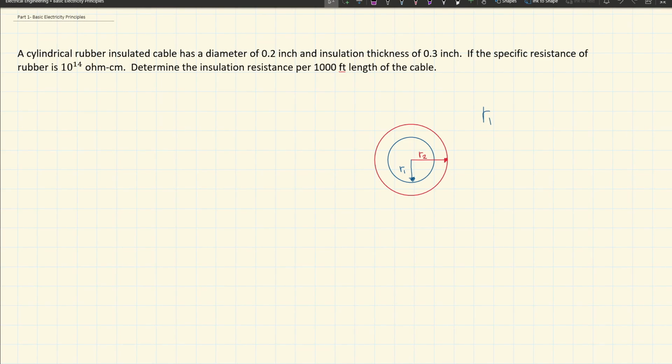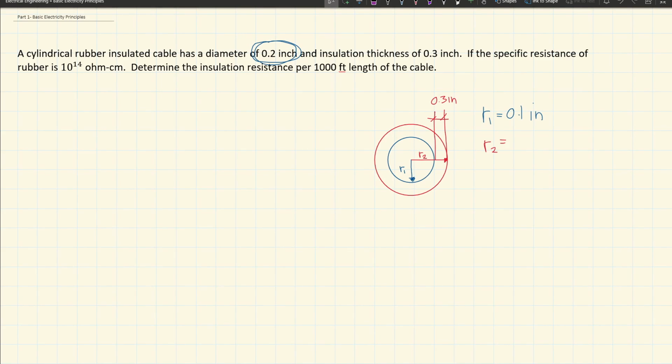So our R1 is 0.1 inch because it says the diameter is 0.2 inch. For our R2, it says that the thickness of the insulation is 0.3 inch.